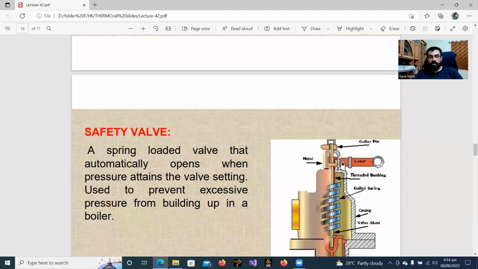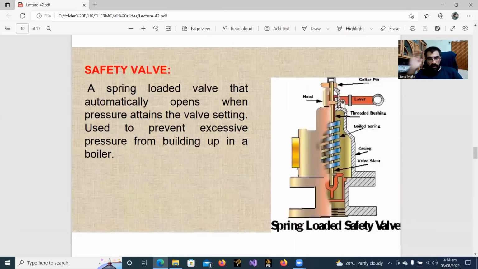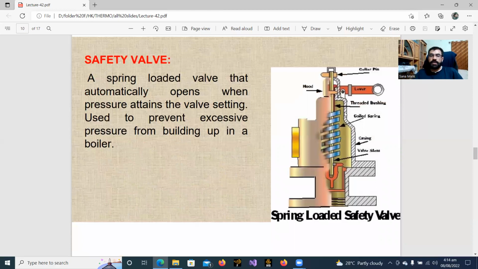The spring loaded safety valve is used to prevent excessive pressure from building up in the boiler. As you know, a boiler can explode, which is very hazardous, so to avoid explosion from excessive pressure buildup we use safety valves as mountings.